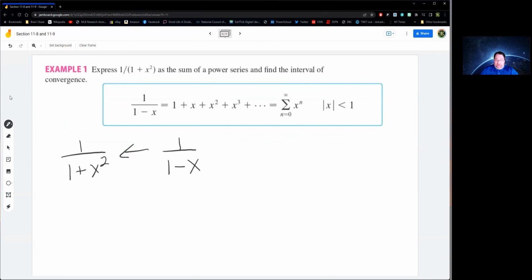So the first thing I'm going to do, if we look at it, this part right here has a plus. So 1 over 1 plus. So I can change that to that, right?